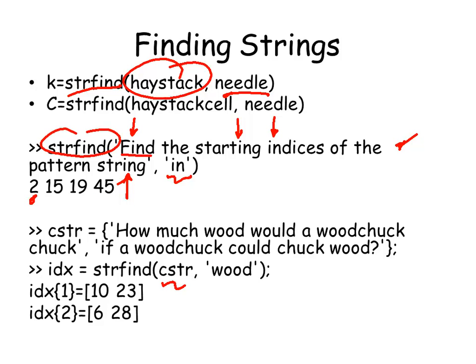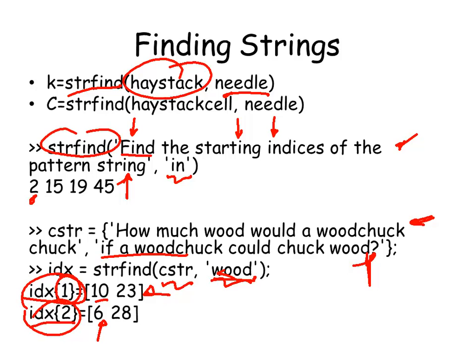You can provide a cell array as the first argument, and if you do so, the second argument will be searched against each of those strings in your cell array, and as a result, you will get a cell array where the first cell element will contain the indices of the word would in the first string, and the second cell element will contain the indices of the would in the second string.